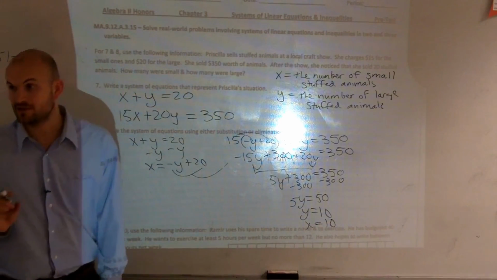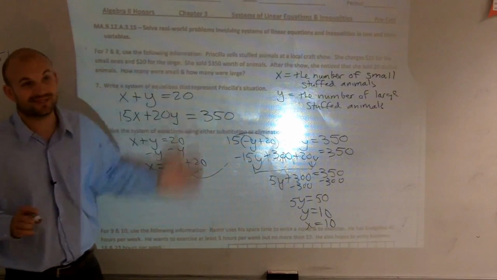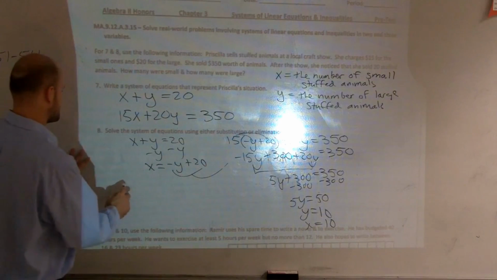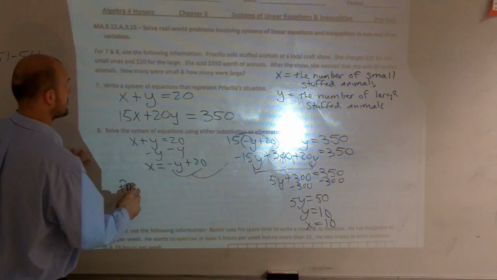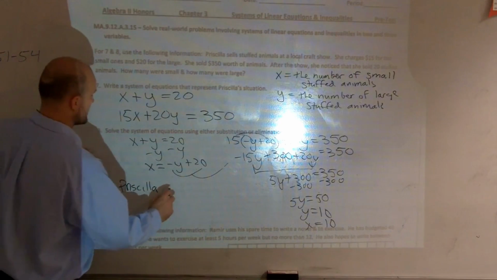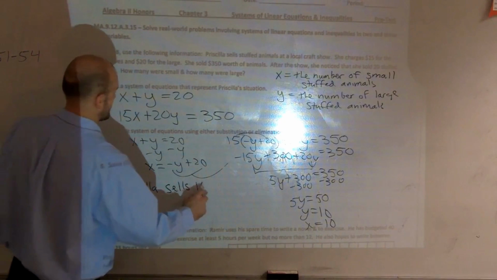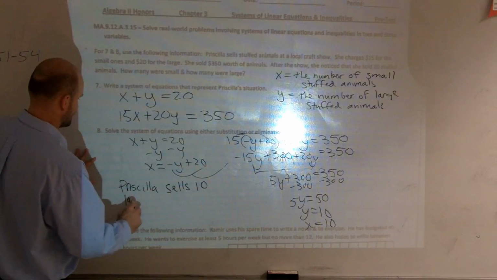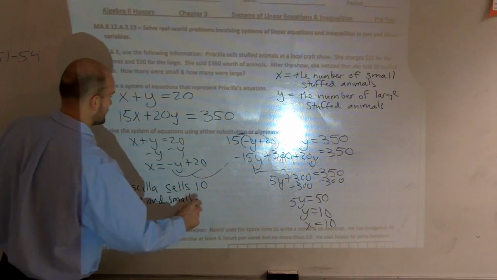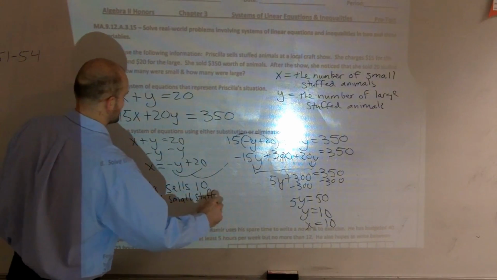The last step that I want you to do for your word problem, because a word problem is a lot of steps and a lot of work to read through, is to say Priscilla sells 10 large and 10 small stuffed animals.